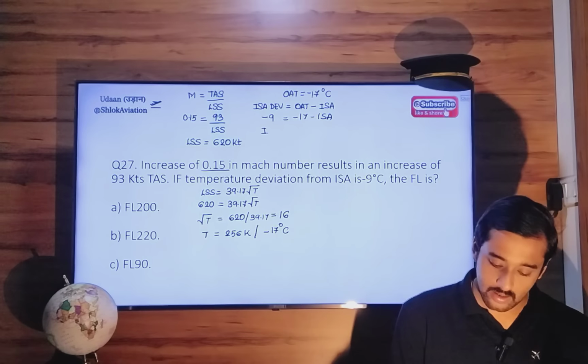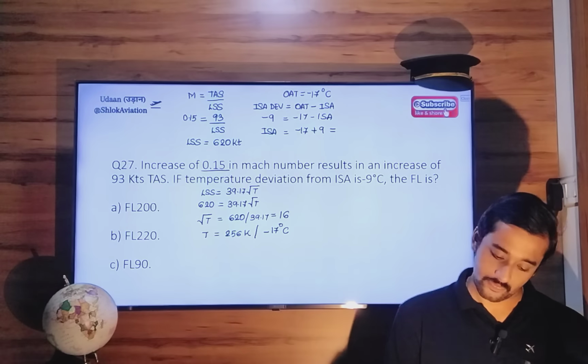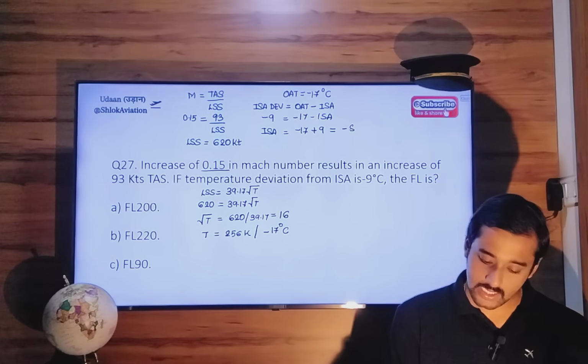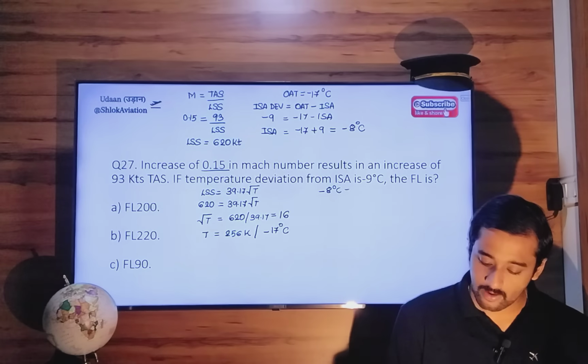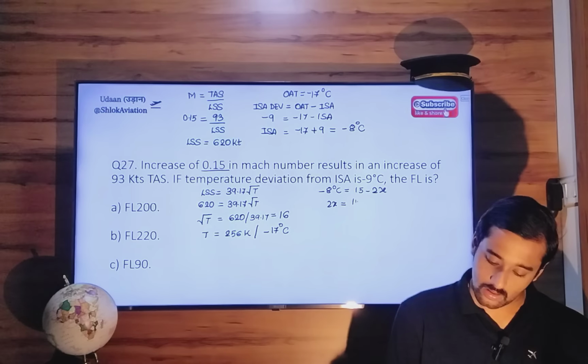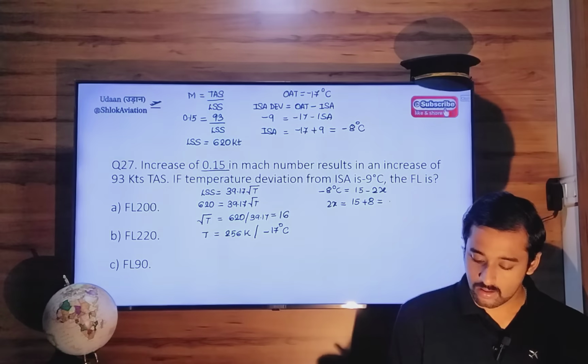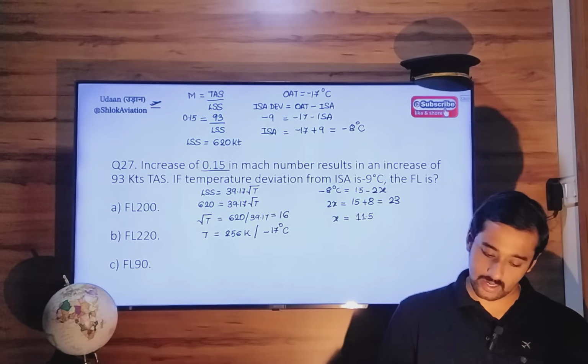So ISA temperature will be minus 17 plus 9, that is minus 8 degrees Celsius. Now minus 8 degrees Celsius, you will find this at what altitude? 11,500 feet.